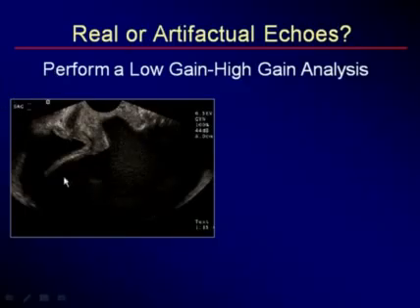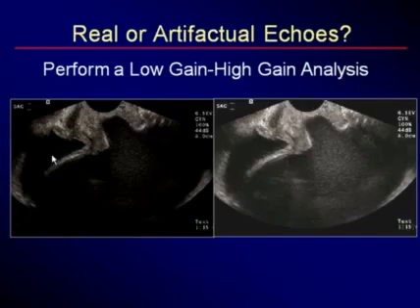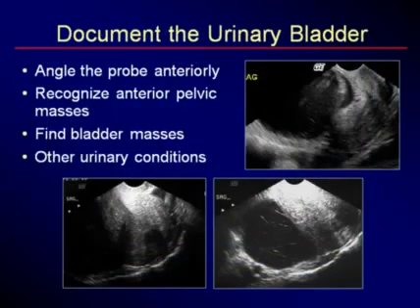It looked like it was completely anechoic, like the bladder. But when we slowly crank up the gain, we see that this mass fills in before the urinary bladder. So we know that these echoes are real, and we have to explain them. This was a chronic fluid structure that had developed some crystalline material.